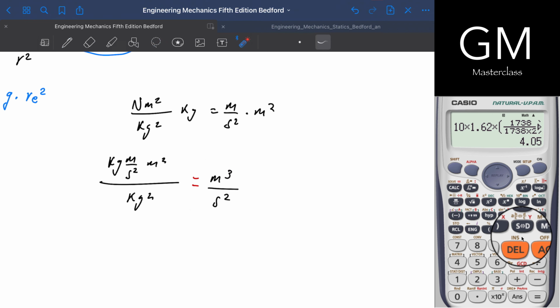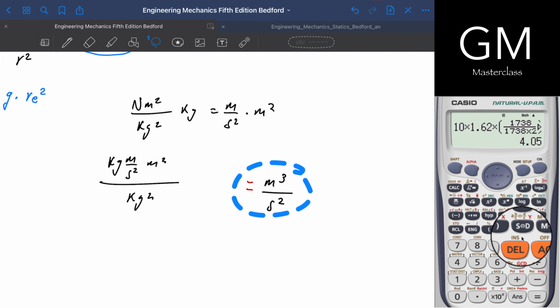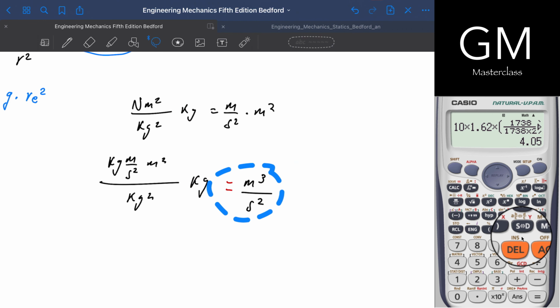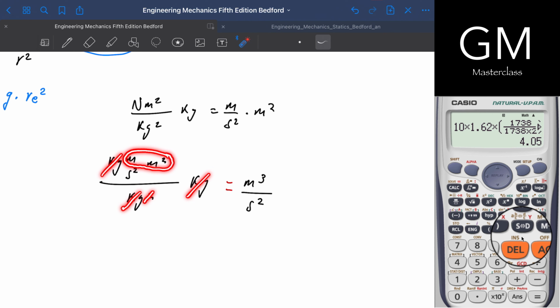Right here I could eliminate these kilograms with these kilograms, and these kilograms with these kilograms, and the answer will be meters to the third power divided by square seconds, which is the same thing as having this.